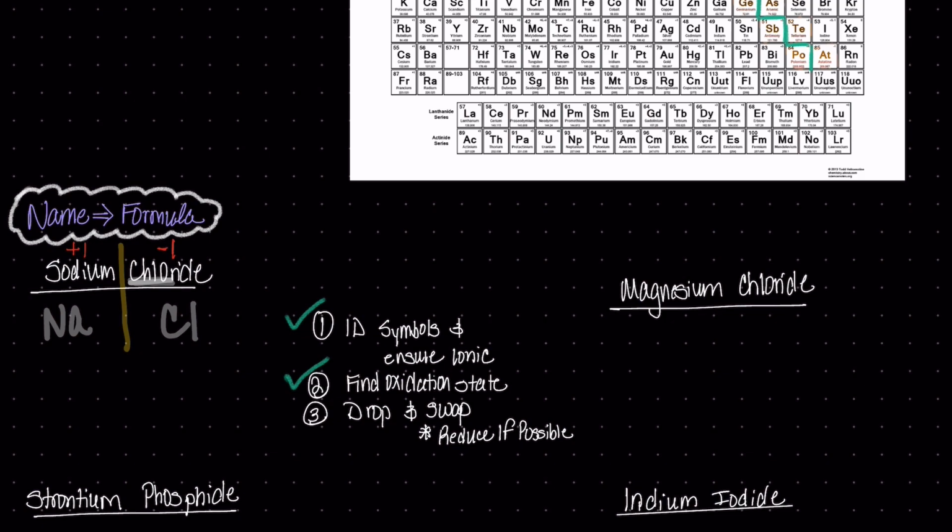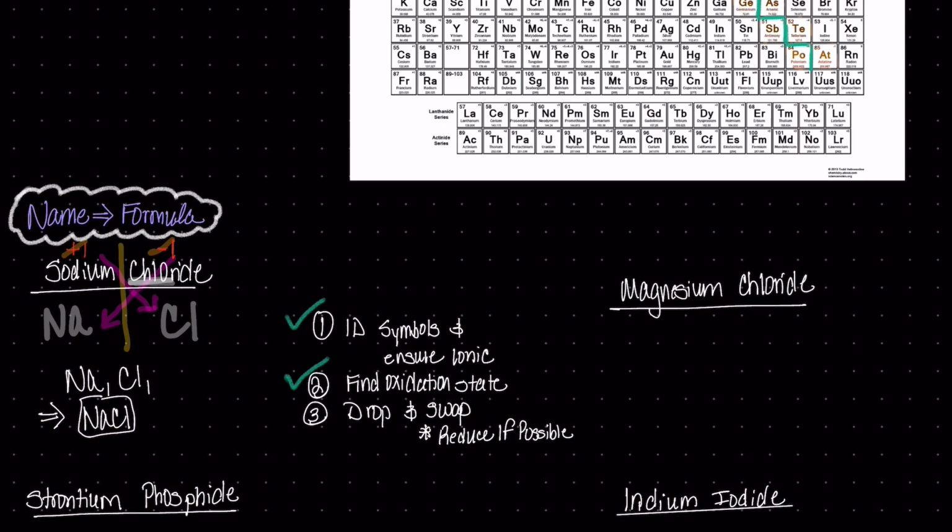I drop my charges, drop the charges, and I swap the numbers. So this one will come over here, and this one will come over here. So technically, what I'm now dealing with is Na1, Cl1, but we don't write ones conventionally because just a regular sodium atom in a formula already tells me I have at least one.